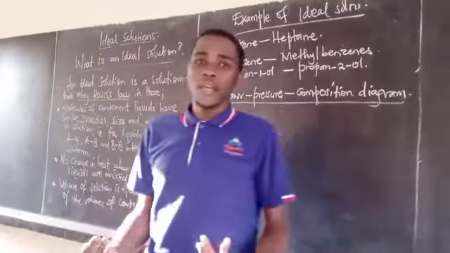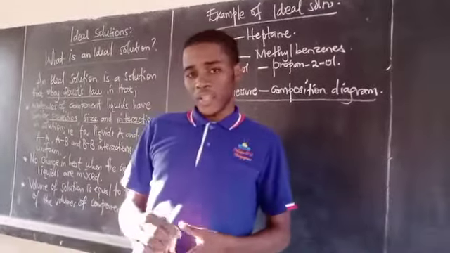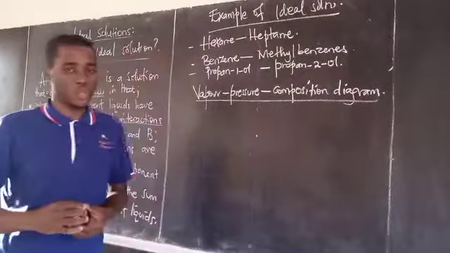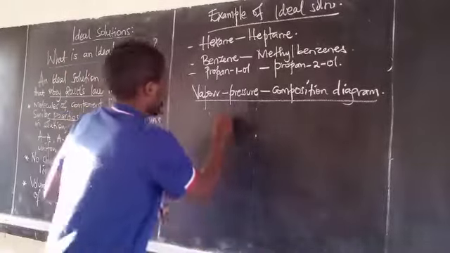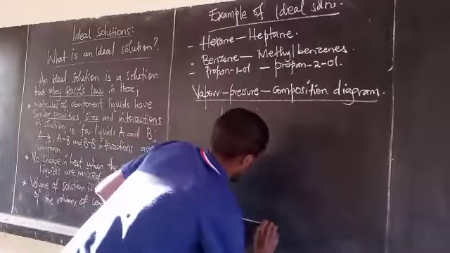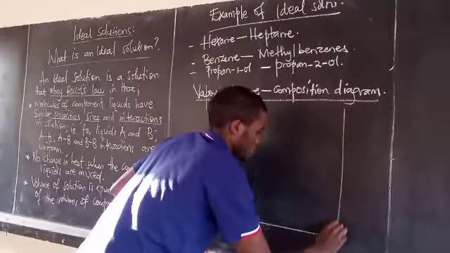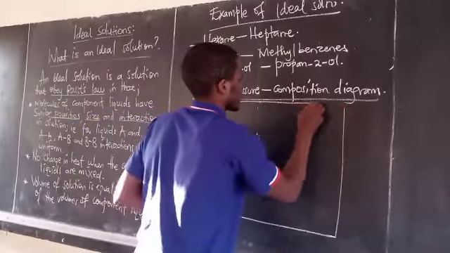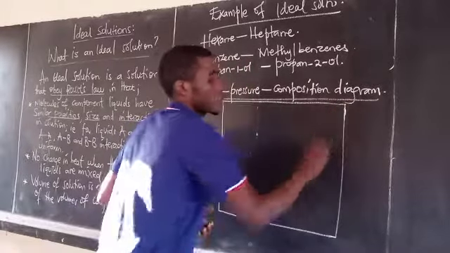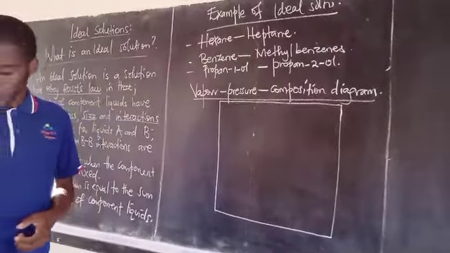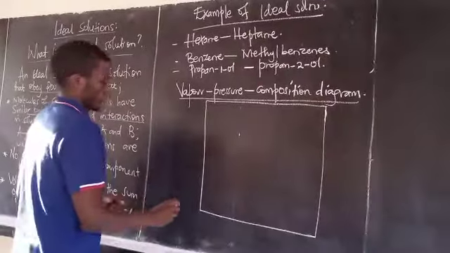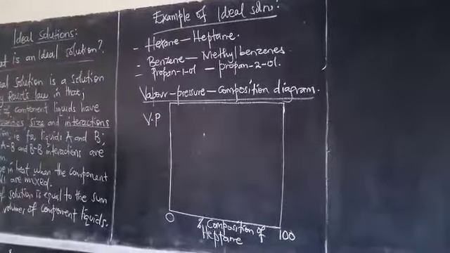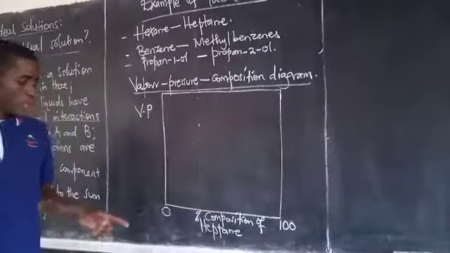How can we plot the results that we get from different compositions of ideal solutions? See how the vapor pressure changes with composition.